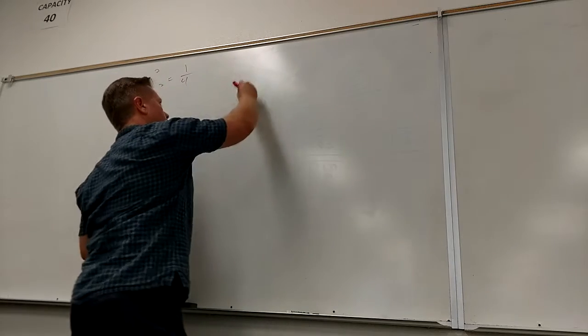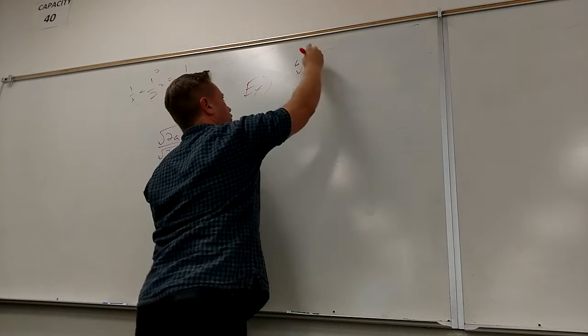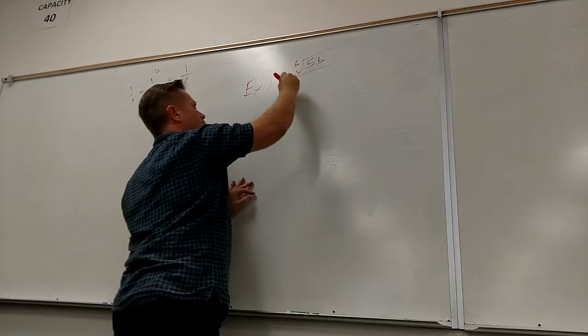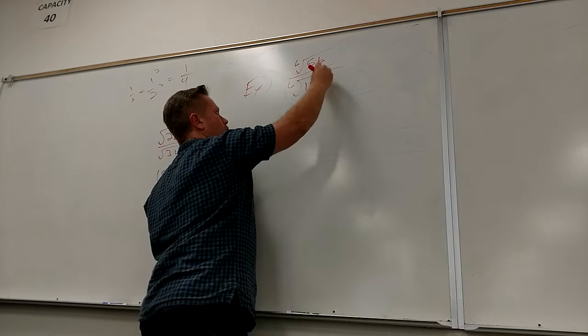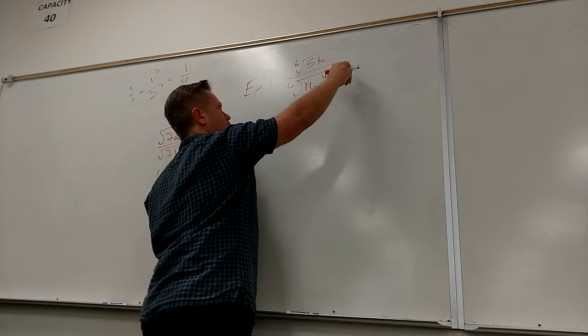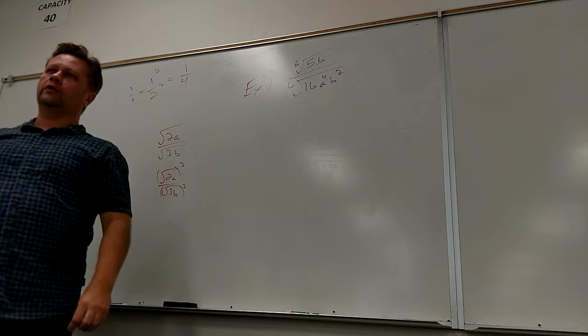So for example, if I had 6th root of 5b over the 6th root of 16a^4b^2, start with the easy part.